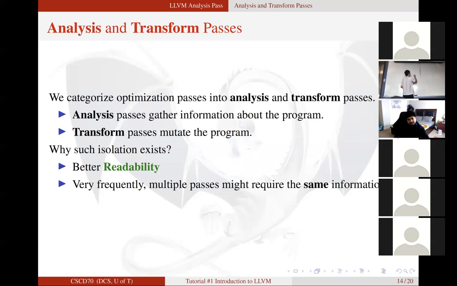For instance, you have an analyze pass called loop info that tries to gather all the information about the loops in your program. And you will have multiple passes, for instance loop unroll and loop vectorize, that rely on the same analysis information.